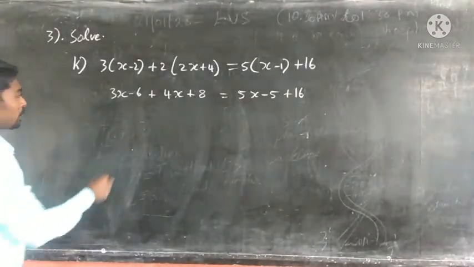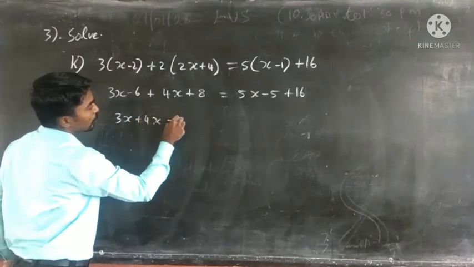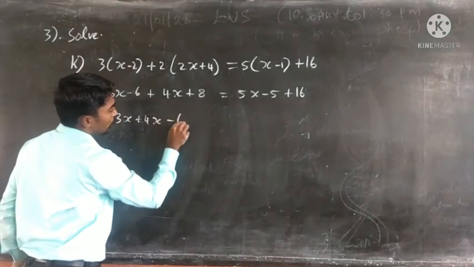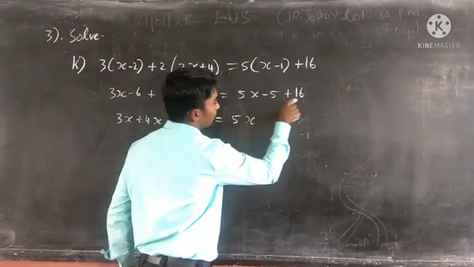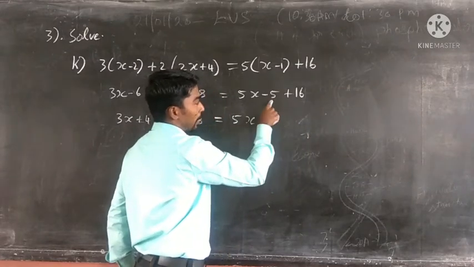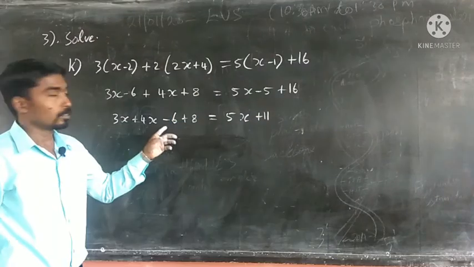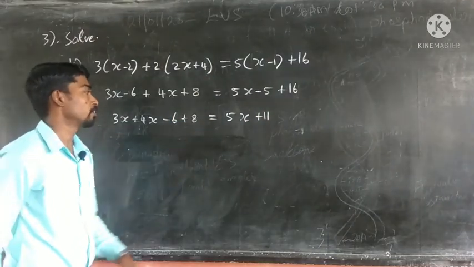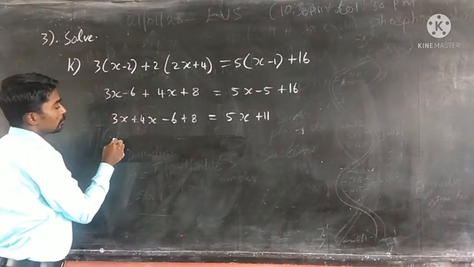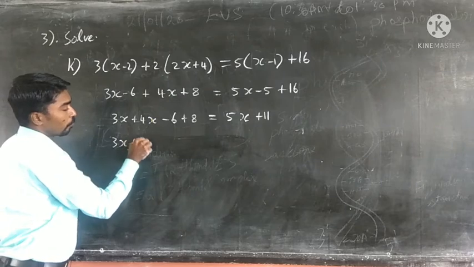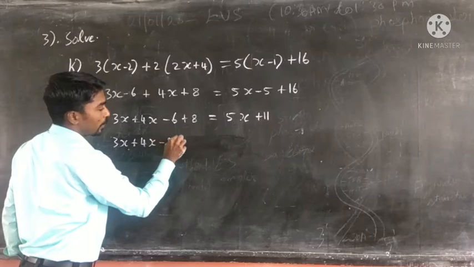x values add separately: 3x plus 4x. The constant values are added separately. So 5x here will be, if we subtract, minus 5 plus 16 is 11. These constant values we can take to the other side, and this 5x we should take to the other side. 3x plus 4x, plus 5x, if we take to the other side we get minus 5x.